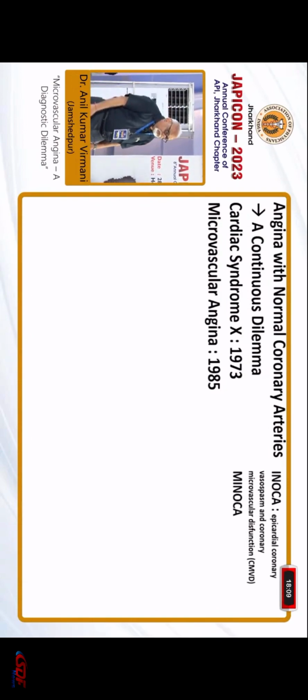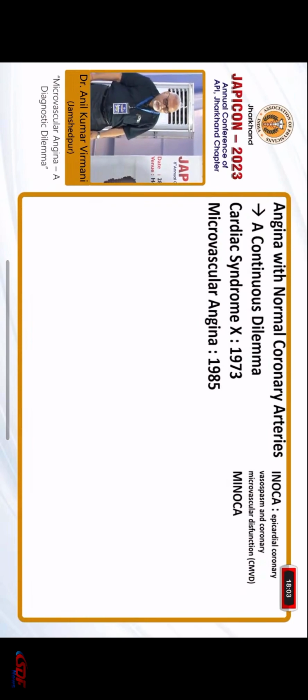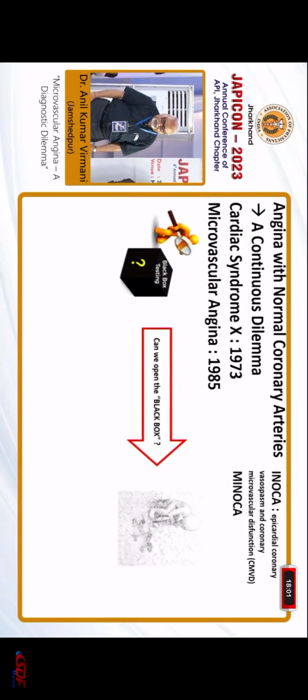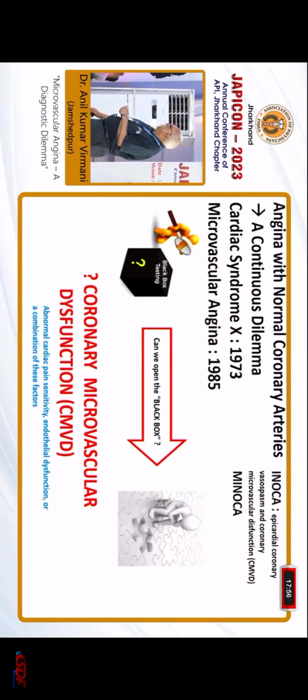It has also been called INOCA and MINOCA, that is ischemia with non-obstructive coronary arteries and myocardial infarction with non-obstructive coronary arteries. It is indeed a black box, and can we open the black box to see what is happening?